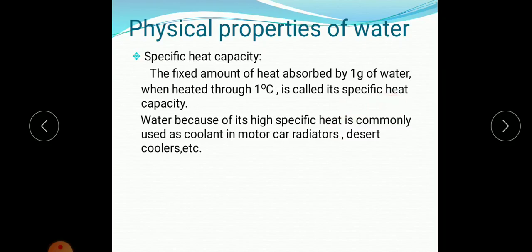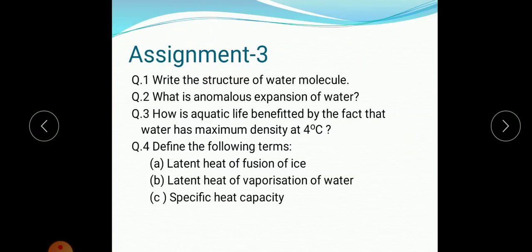And water has got very high specific heat. Because of its high specific heat, it is commonly used as coolant in motor car radiators, desert coolers and all. So water has got a very high specific heat, that means it can absorb a maximum amount of heat. Because of that, it is used as a coolant in motor car radiators, desert coolers, etc.